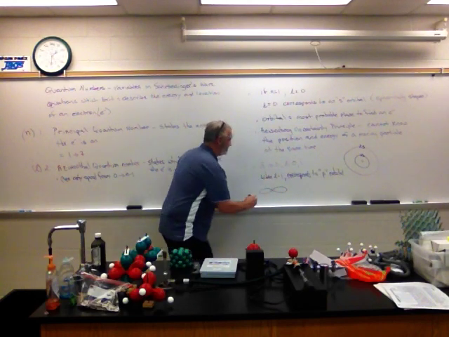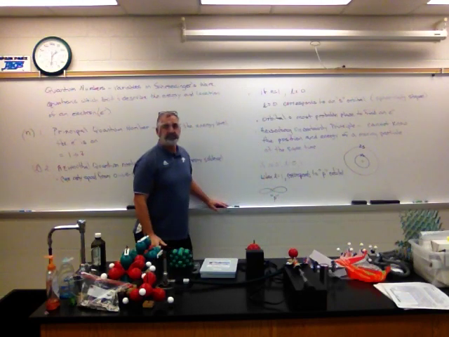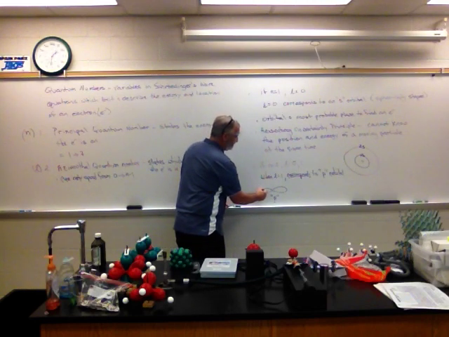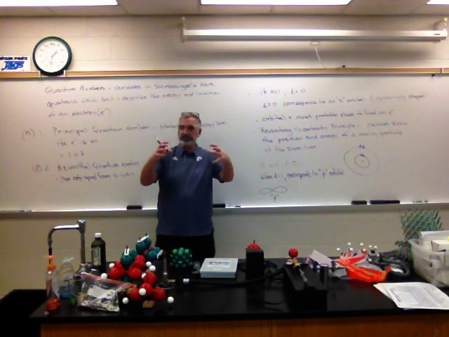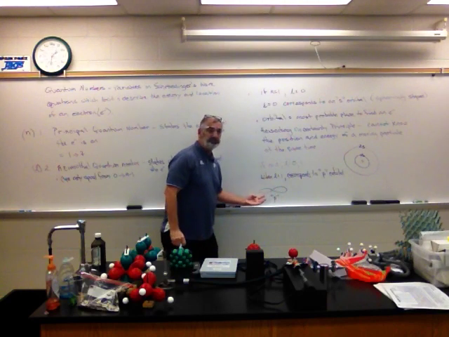A p orbital looks like this. Dumbbell shaped. Really just looks like an 8 on the side. But the greatest electron density is out here on the end. So a dumbbell, you know, it's got a little bar and then it's got the big round weights on each side. Okay, it's kind of what the p looks like, but it's very directional.